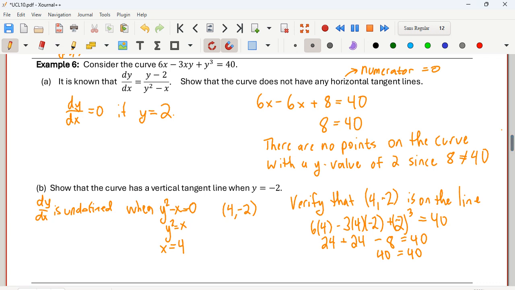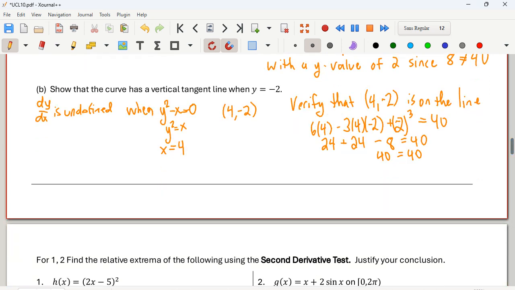And then, yeah. I'm going to write a follow-up sentence down here. I'm going to say, show that there is a vertical tangent line. There is a vertical tangent line at 4, -2, now that I have the whole point.